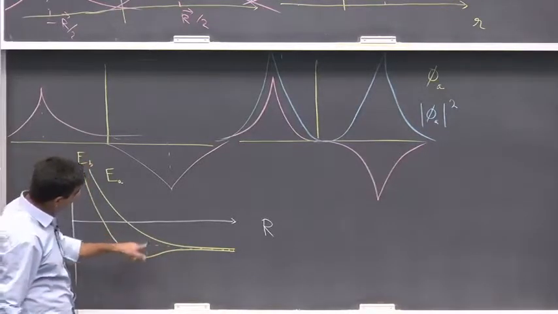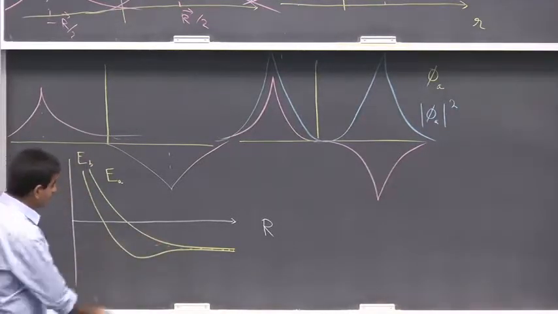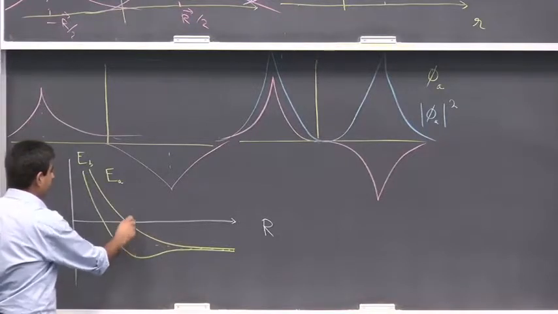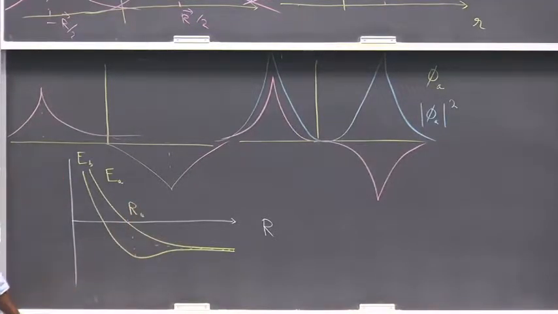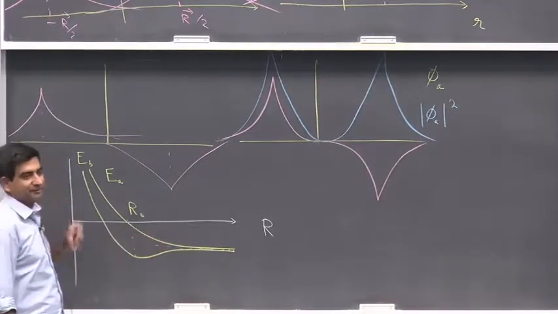The energy for EB is lower than the energy for EA, and this separation over here is for the equilibrium bond length. You can plot these energies in fact. You can find out what these energies are going to be because you can explicitly determine these terms. You can determine this integral, this integral, this integral. And this is actually one question on the second homework. I would like you to plot these energies.